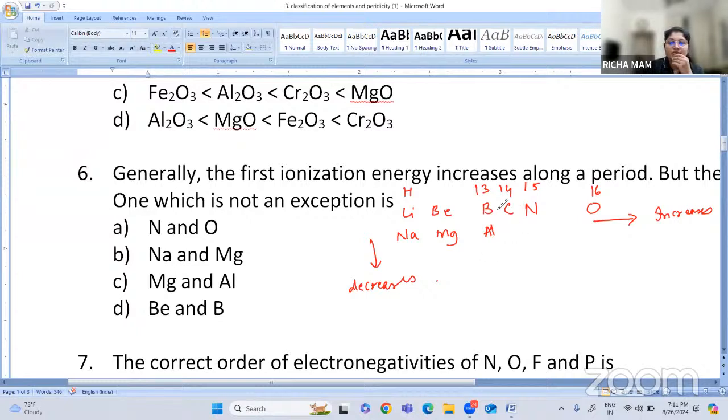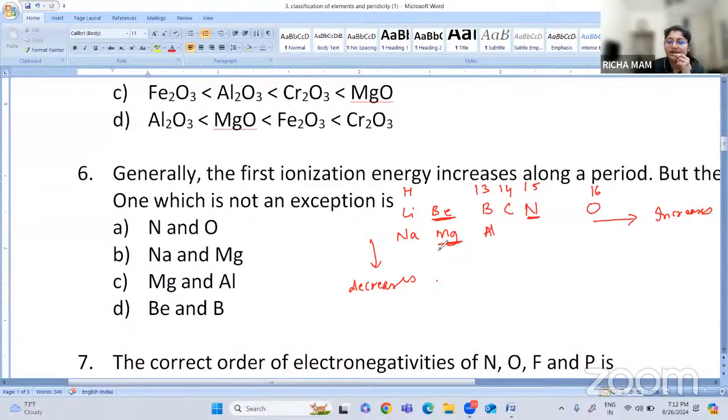When we see the ionization energy data, beryllium, nitrogen and magnesium have slightly higher values than expected.